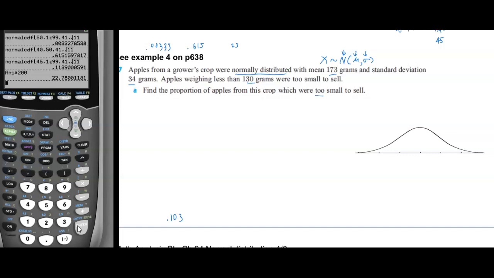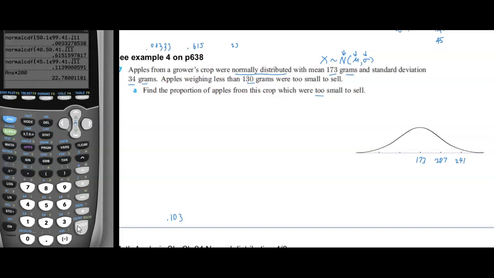So let's make our drawing first. 173 is the mean, standard deviation is 34 grams. Both of these are grams, so we don't need to do any conversions here. Just need to add and subtract 34 to 173. So 173 plus 34 is 207. If I add 34 again, it would be 241, I think.